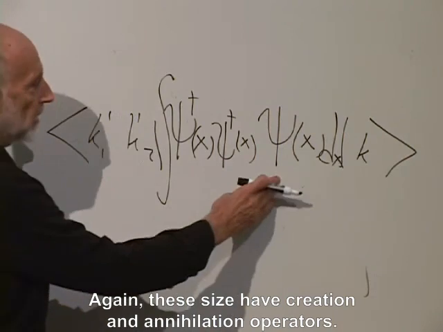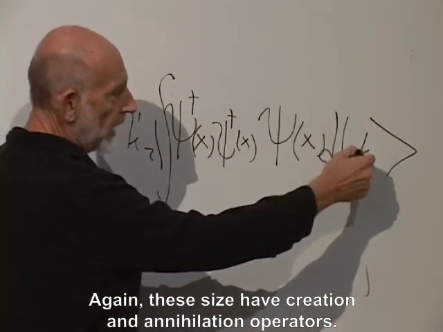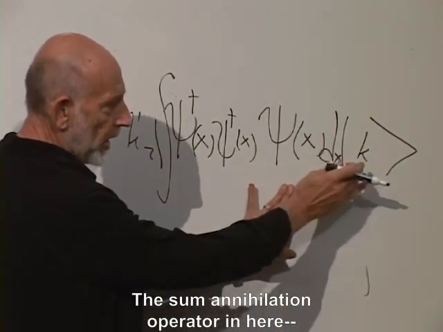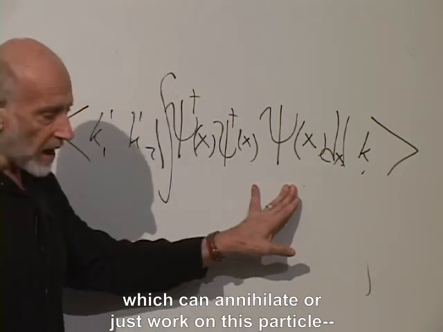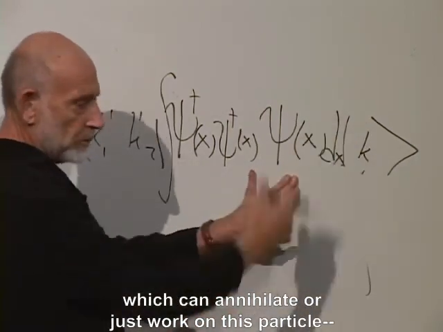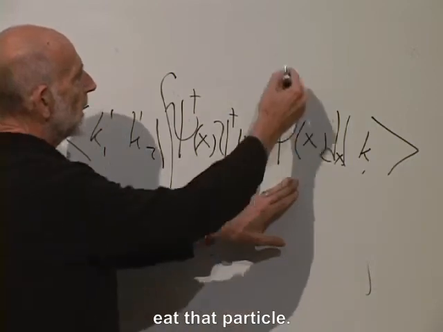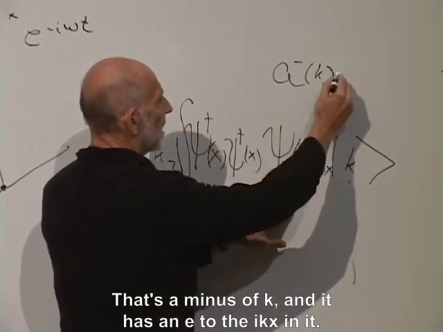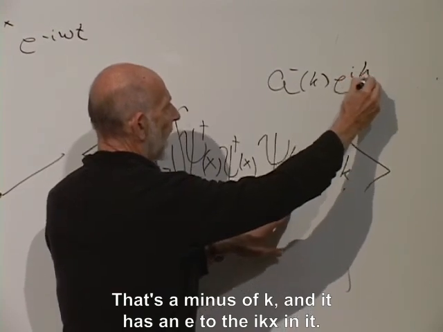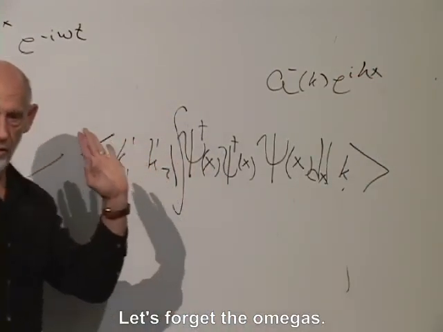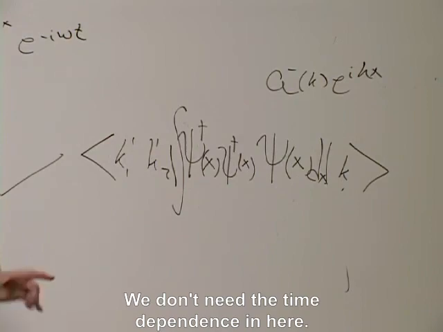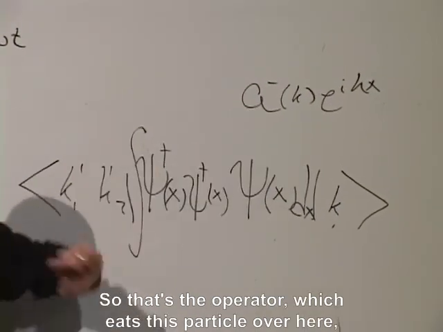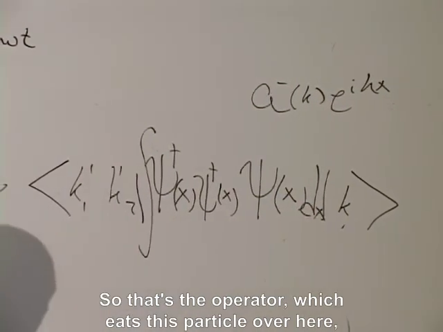Again, these psi's have creation and annihilation operators. There's some annihilation operator in here which can work on this particle, eat that particle. That's some a minus of k, and it has an e to the i kx in it. Let's forget the omegas. We don't need the time dependence in here. All right, so that's the operator which eats this particle over here.